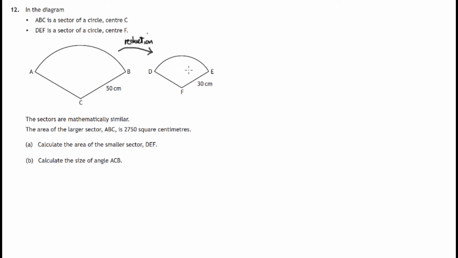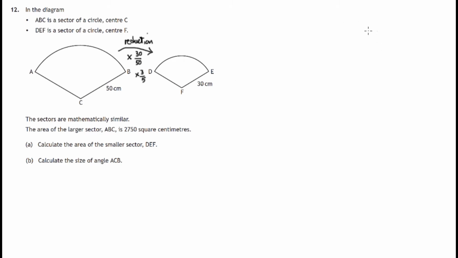Now, because it's smaller, 30 is smaller than 50, we get the reduction scale factor by comparing this 30 with this 50 and putting the smaller number on top of the fraction. So 30 over 50, or 3/5, divide top and bottom by 10.